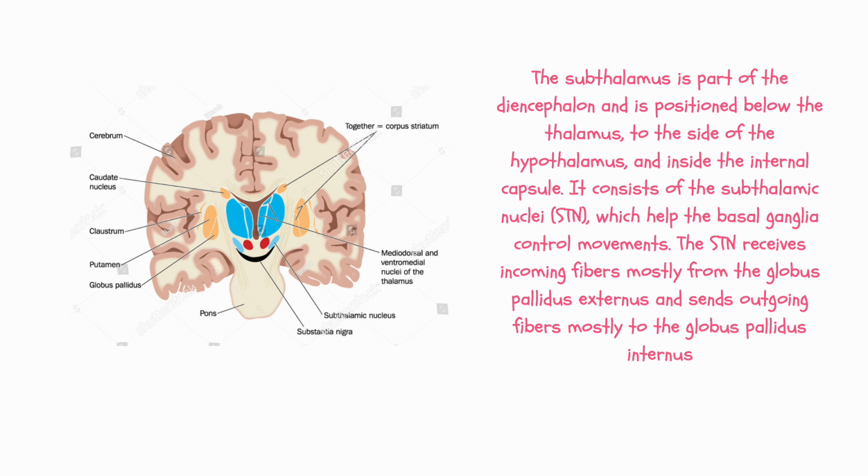It contains the subthalamic nuclei, or the short form for it is STN, which assists the basal ganglia in regulating movements. The STN receives afferent fibers from the globus pallidus externus and projects efferent fibers to the globus pallidus internus.